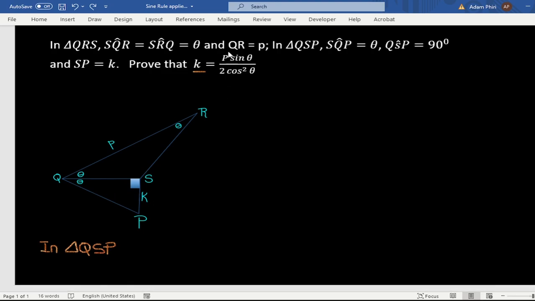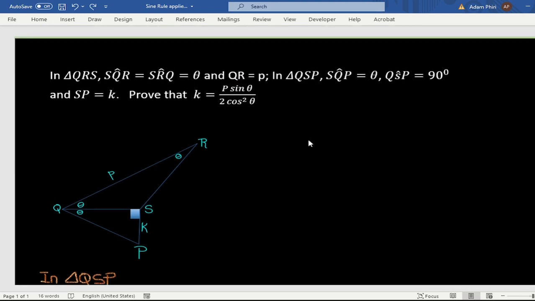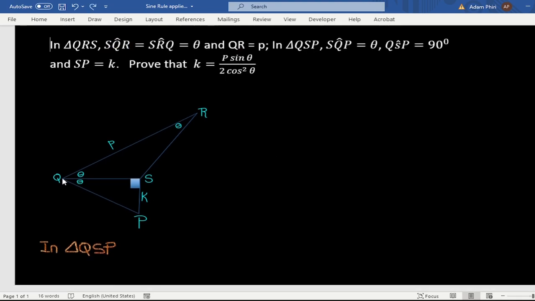So we have to move from that side to the other triangle where we have P and SQR, and QS is the bridge from which we have to cross from Q.